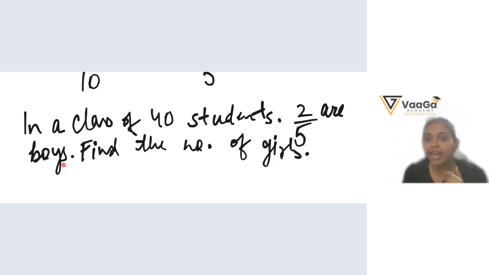So you can find what is the strength of boys in this class. 2 by 5th of 40 will be the strength of boys in the class. Find out 2 by 5 of 40 and then tell me the strength of boys.